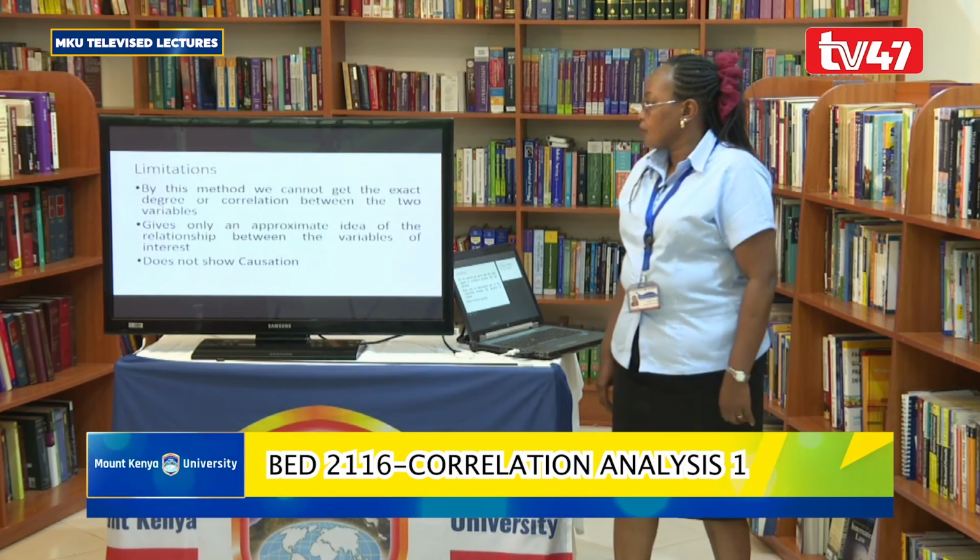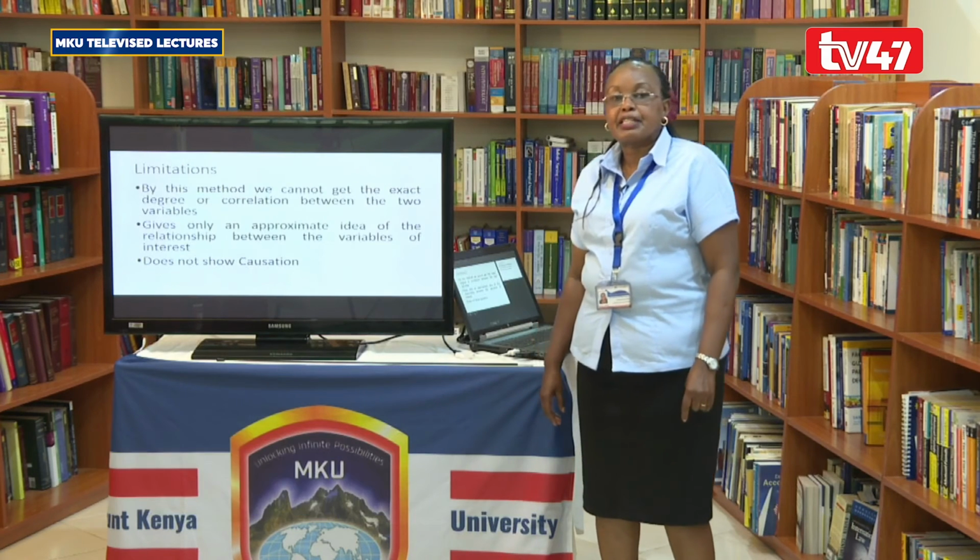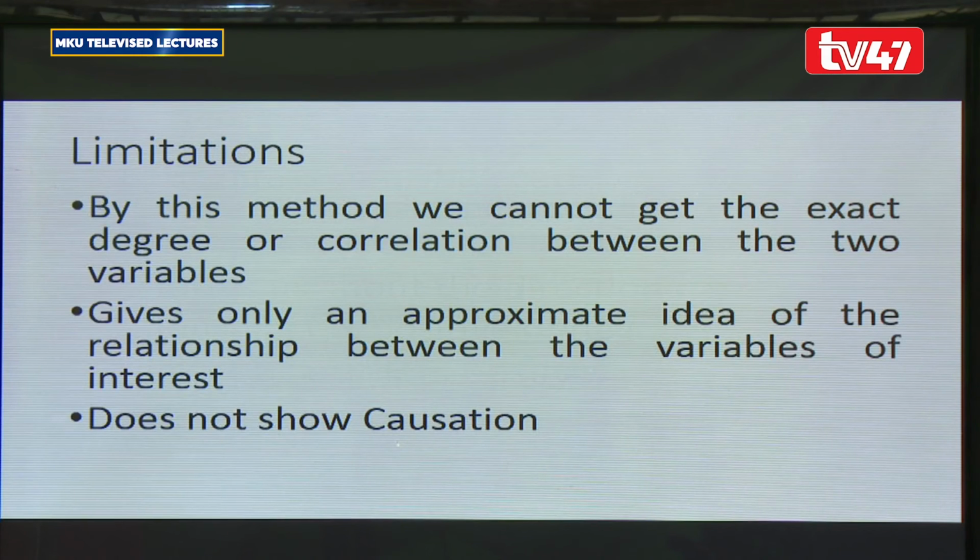Now, let's go to the limitations or the disadvantages of these scatter diagrams. The first one is that we are not able to establish the exact degree of correlation between any two variables of interest. Remember, we have two characteristics of interest.